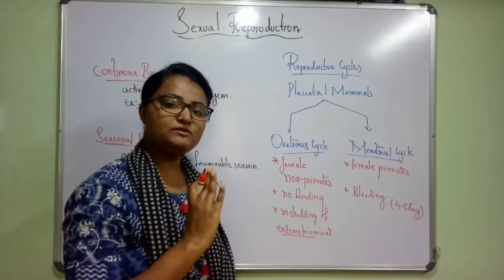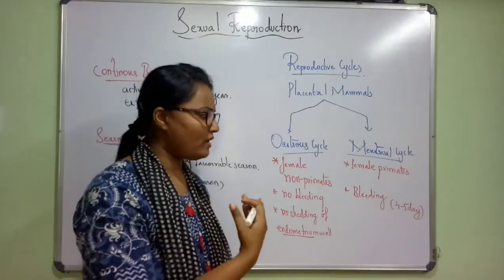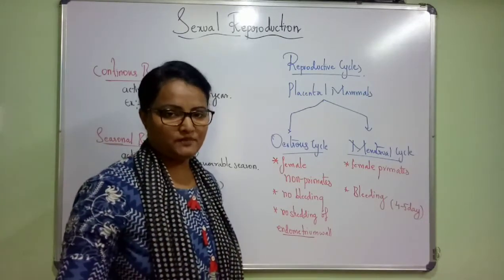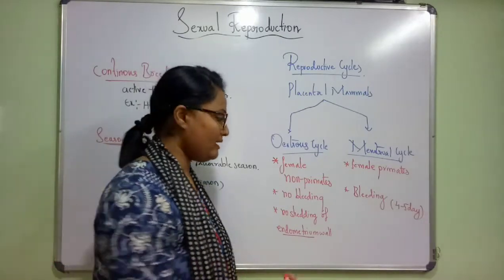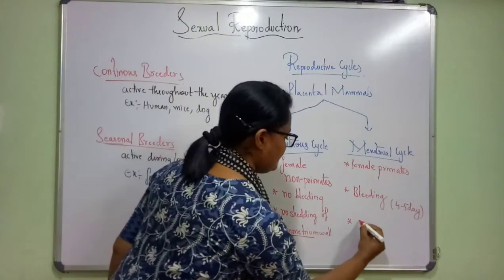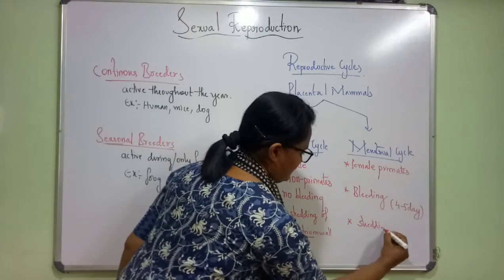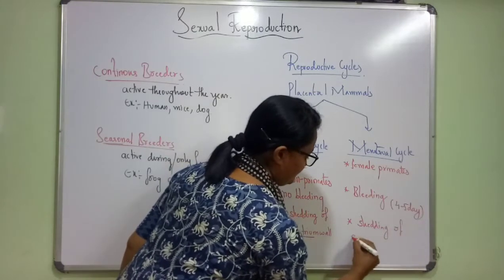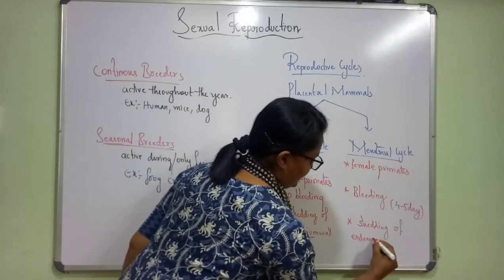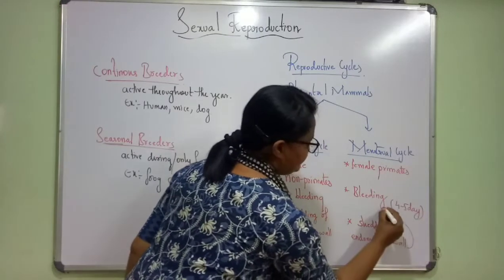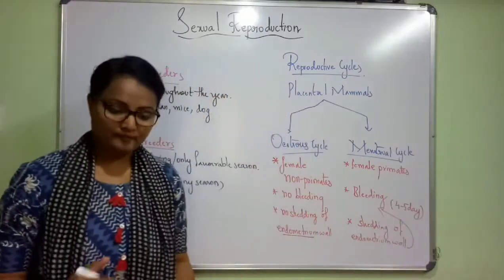I'll tell you about the menstrual cycle in depth when we study the third chapter, human reproduction. Whereas here, there is shedding of the endometrium wall, hence there is bleeding.